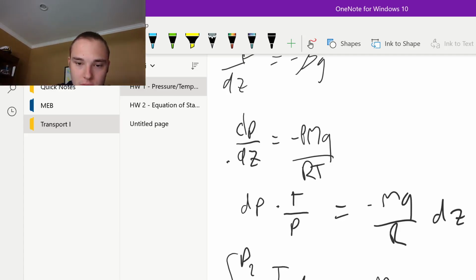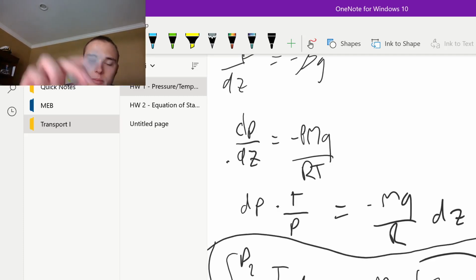We move the T over, so we'll just have a negative mg over R, and then we can integrate from Z1 to Z2 of dz. And then this right here will be delta z. We're just going to call that delta z when we solve. But we're going to save this equation because we're going to want to find a specific temperature that we can plug into this in order to relate the pressure with the altitude.